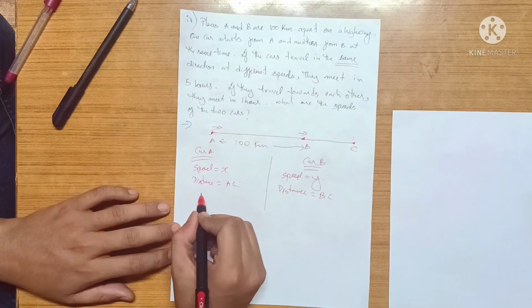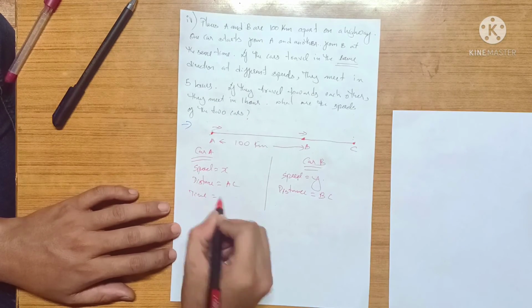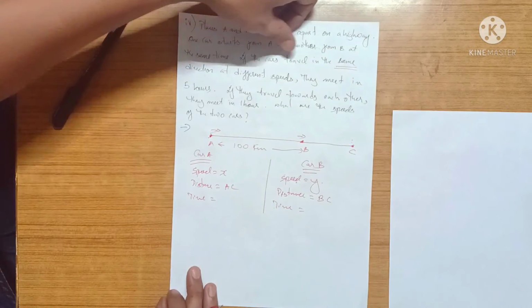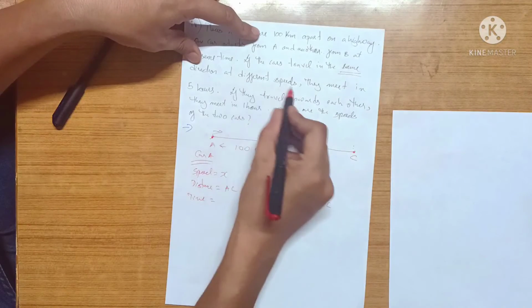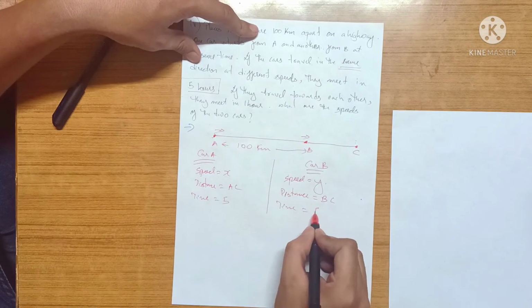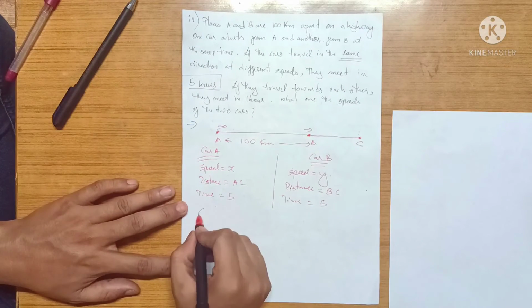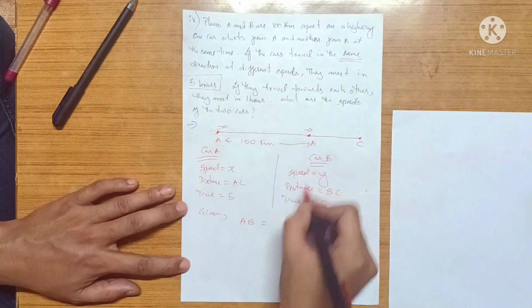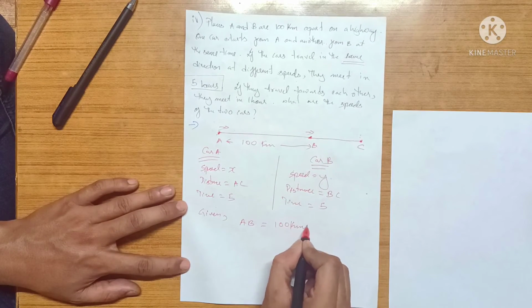That's where they met. The time taken for both car A and car B is the same. If they travel in the same direction at different speeds, they meet in 5 hours, so time is 5. But they have given us that AB, the distance between A and B, is 100 kilometers.